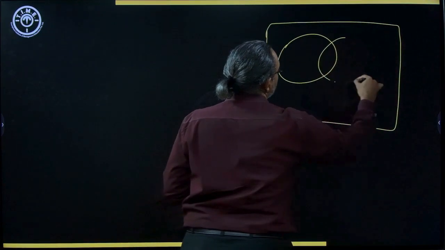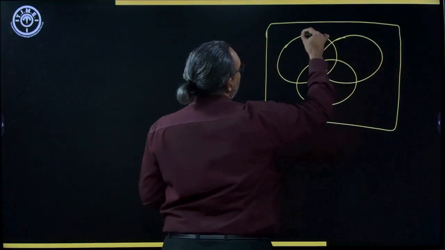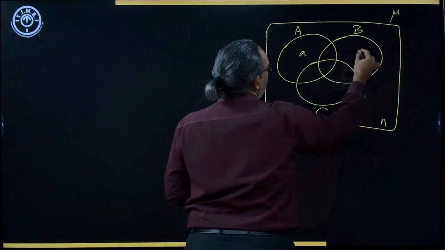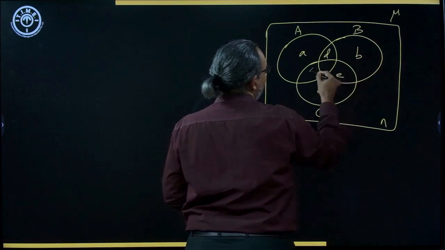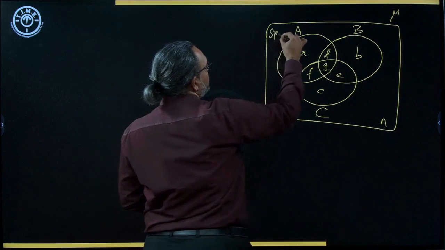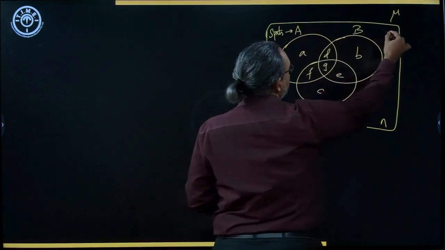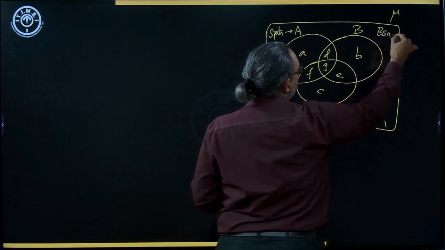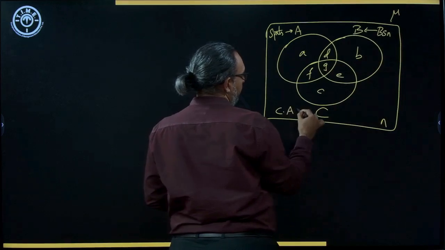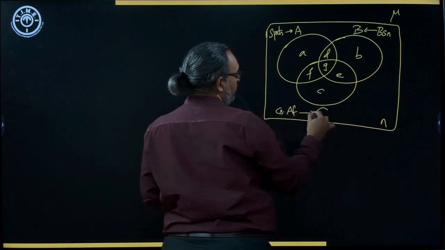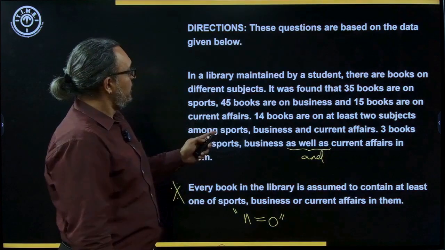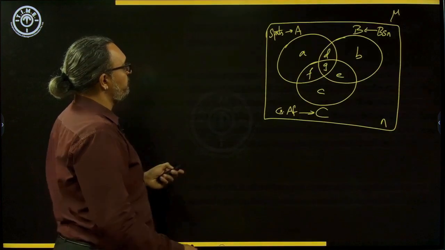So it's again a 3 set. So capital A, capital B, capital C, N, mu, small a, b, c, then D, E, F, G. So we have A is sports, B is business, and C is current affairs. Correct? So now let's take the values. 35 is sports, 45 is business.